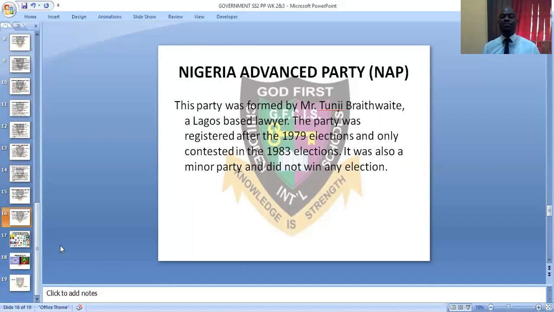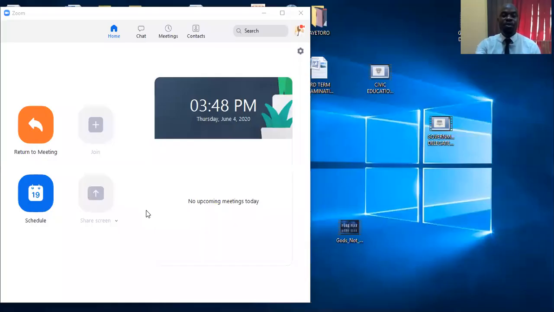So you can see all the six political parties that were created in the Second Republic. I've treated them one after the other. Okay, let me show you these pictures. These are some pictures that I was able to get in order to showcase some of the logos. When we talk about political parties, we talk about the logo, we talk about the motto.